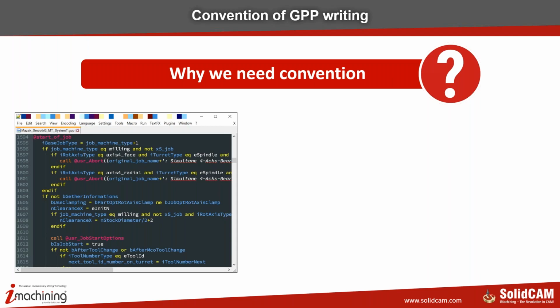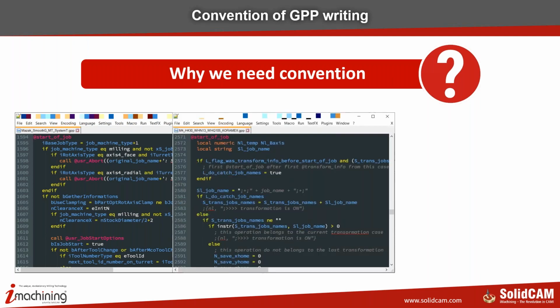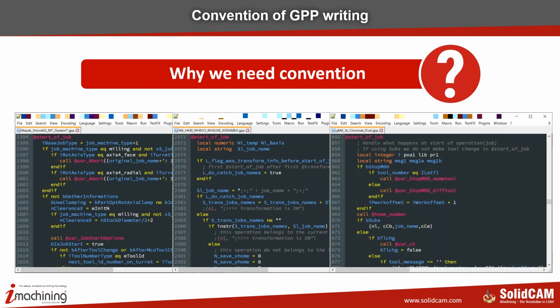First of all, I will just show you three different styles of writing the post. Most of them do the same thing, but the way it is written and how the variables and procedures are named makes it very, very difficult to modify later on, once the post requires revision.